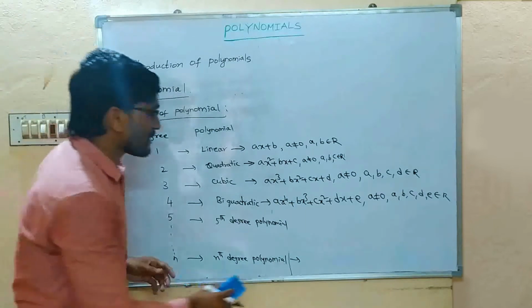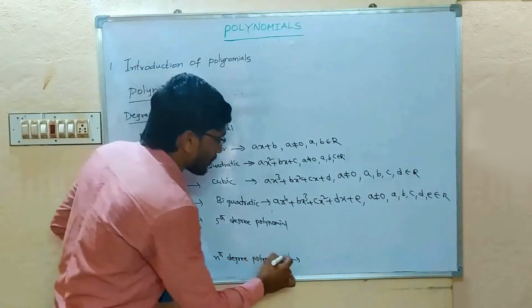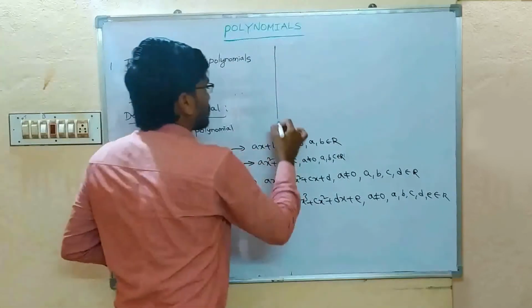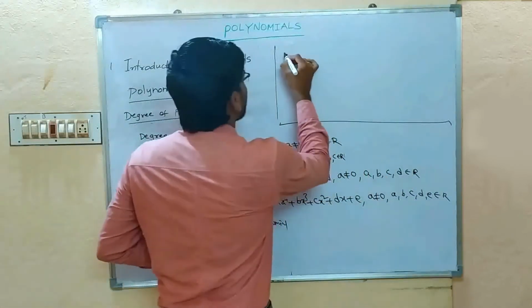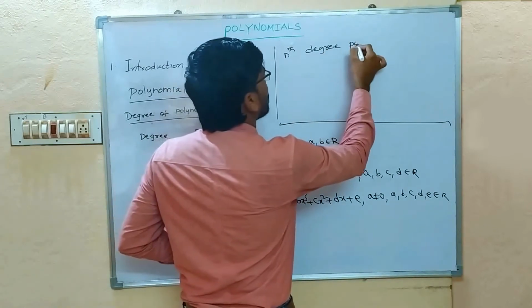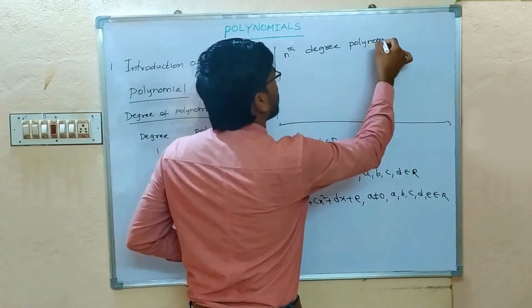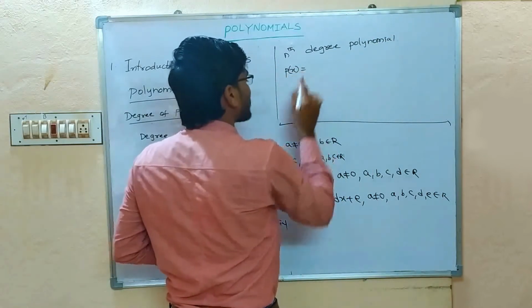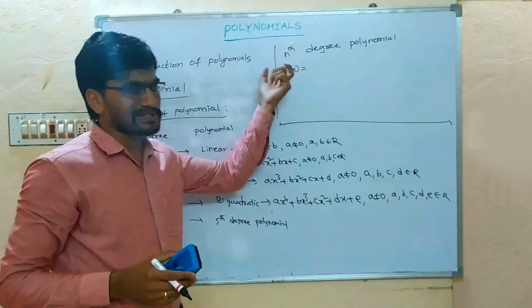What is the general form of an nth degree polynomial? I want to consider that polynomial as p of x. It can be p of x, f of x, or g of x, any one.